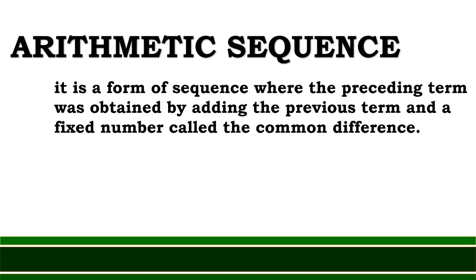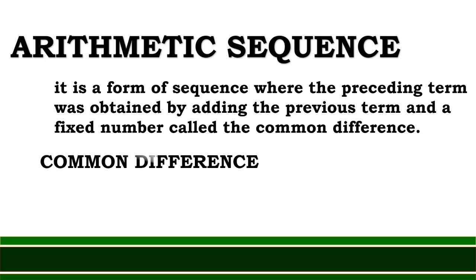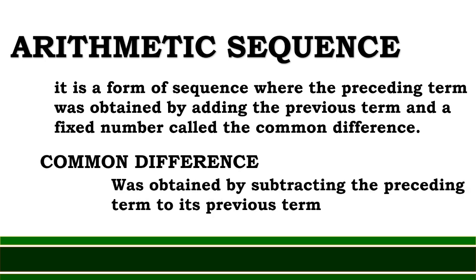When we say arithmetic sequence, it is a form of sequence where the preceding term was obtained by adding the previous term and a fixed number called common difference. And a common difference was obtained by subtracting the preceding term to its previous term.